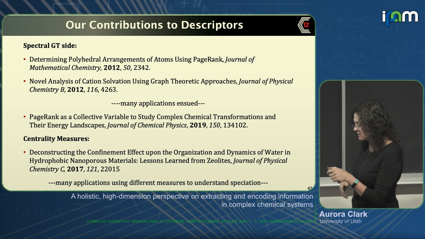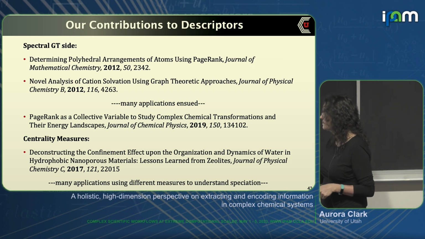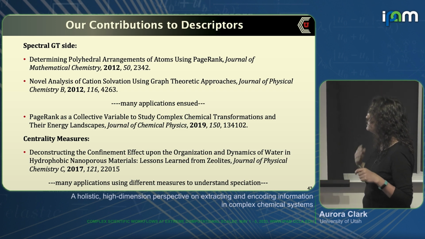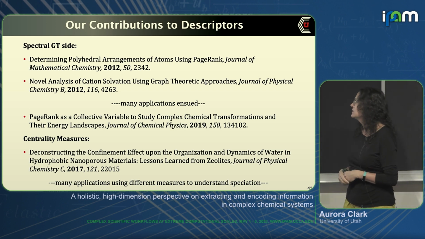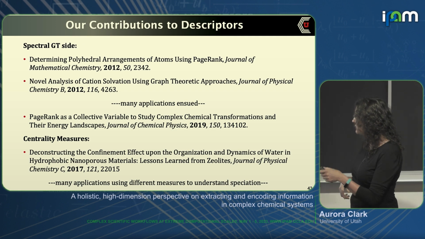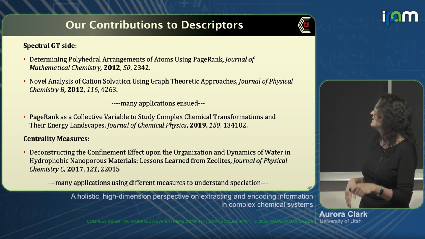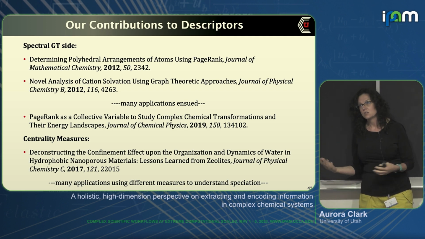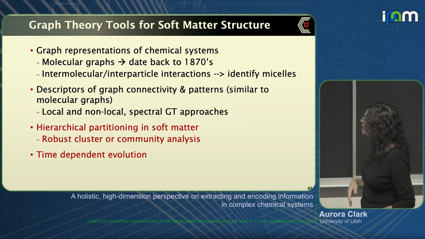We've done a bit of work on the spectral graph theory side using different types of graph theory descriptors, from the PageRank algorithm to using these as collective coordinates to do biased molecular dynamics simulations to probe energy landscapes associated with chemical reactivity, as well as a few centrality measures. We've got lots and lots of applications where we've used these graphs of intermolecular interactions to probe complex multi-component soft matter solutions.